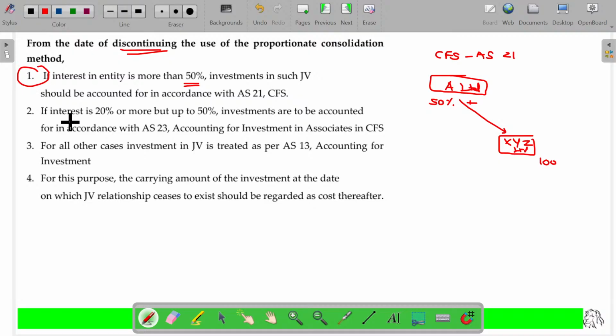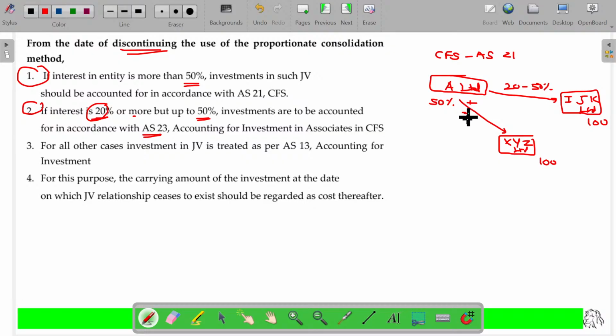First point. If interest is anywhere between 20 to 50, that is, 20% or more but up to 50%, investments are to be accounted for in accordance with AS 23, accounting for investments. Already told all these things. If A Limited invested in IJK Limited, out of 100 shares, anywhere between 20 to 50% held.